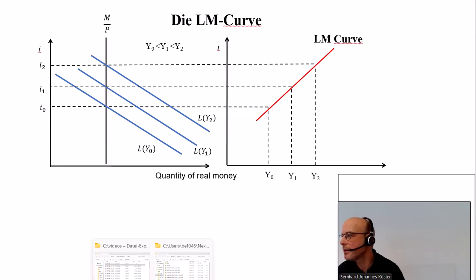How did we derive the dependence between y and i? Remember, m over p equals L depending on y and i. This is the equilibrium condition.